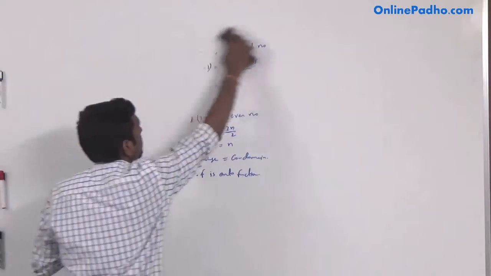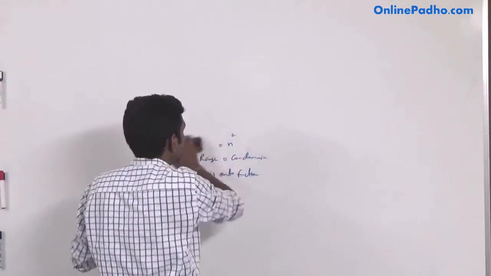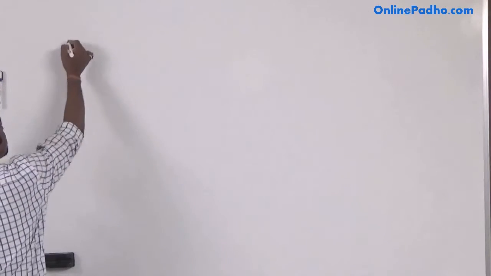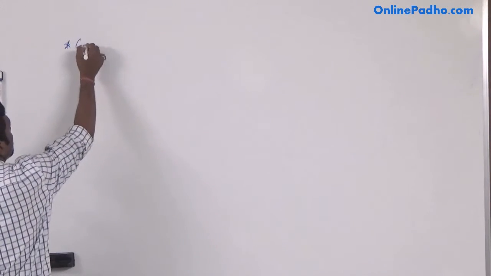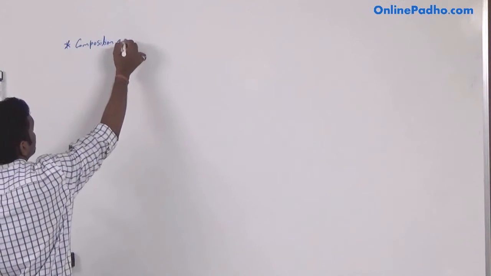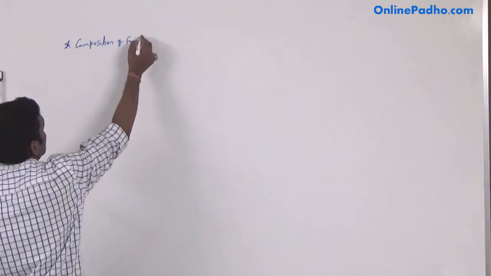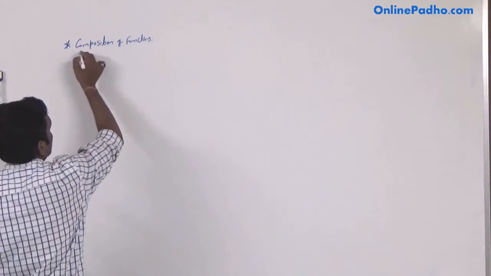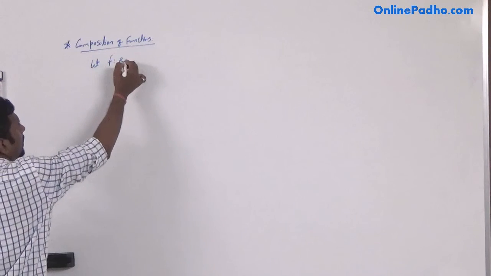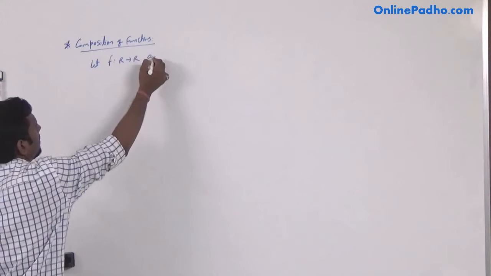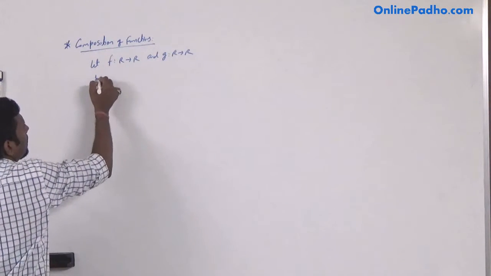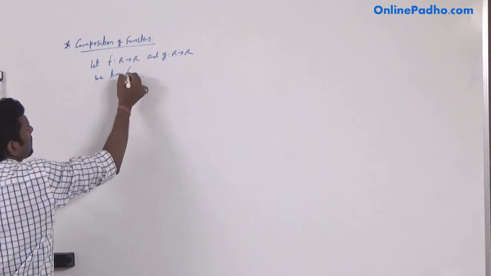Now we have to discuss the composition of functions. Composition of two or more functions. The next topic of the function is composition of functions. Let us consider we have two functions, f from real numbers to real numbers, and g from real numbers to real numbers.